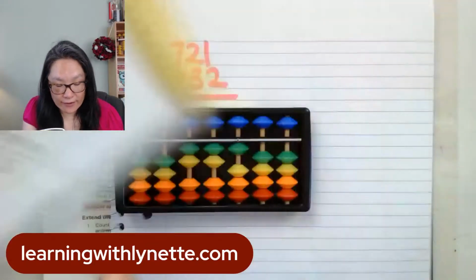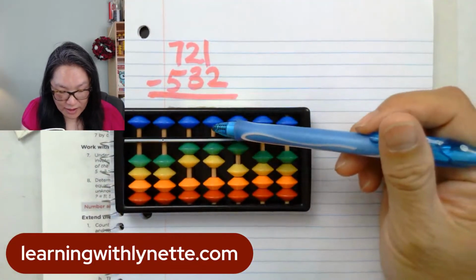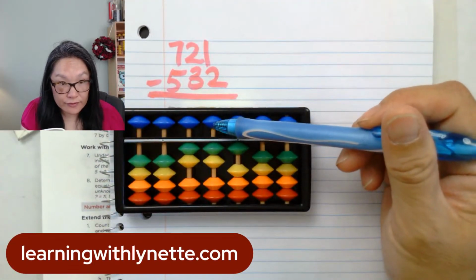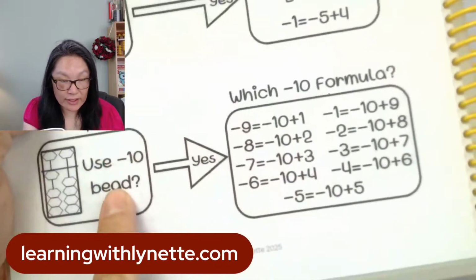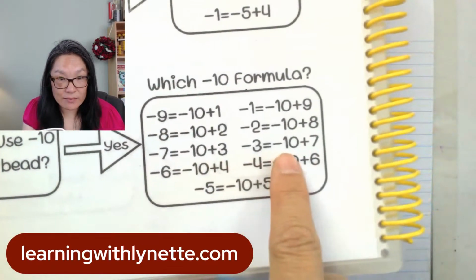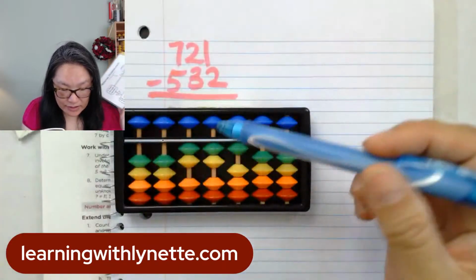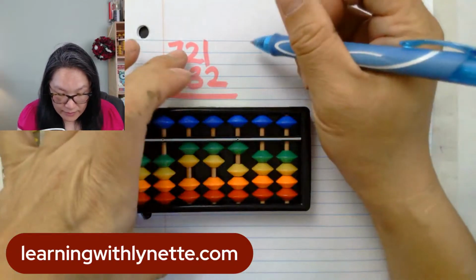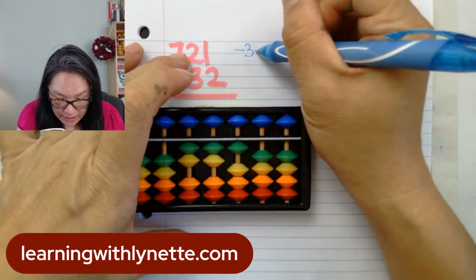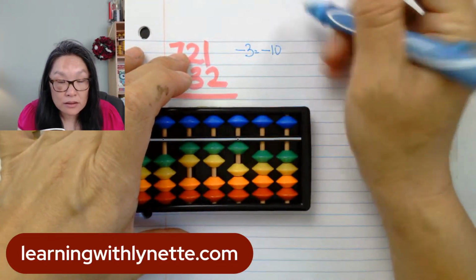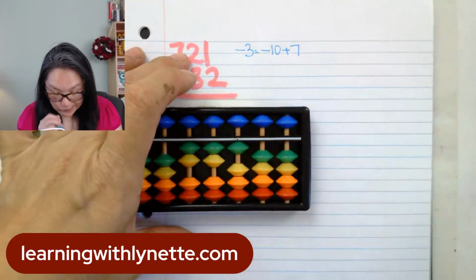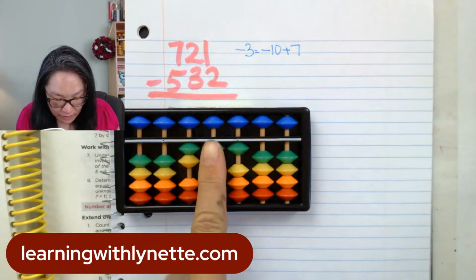Can I minus the 5? No, I cannot take away the 5. So I have to go down here. Minus the 3 is minus the 10 plus the 7. So I'm going to write it. Minus 3 is equal to minus 10 plus 7.